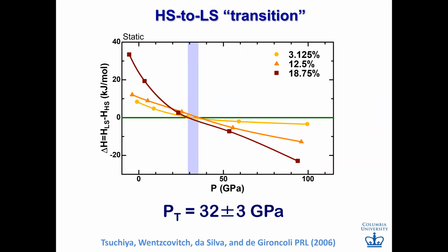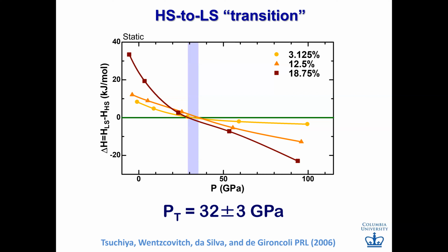And you can see an enthalpy crossing at around 32 GPa here. That's the result we obtained in 2006, between 3 and 18% iron. It doesn't depend on the iron concentration within the accuracy of this calculation.